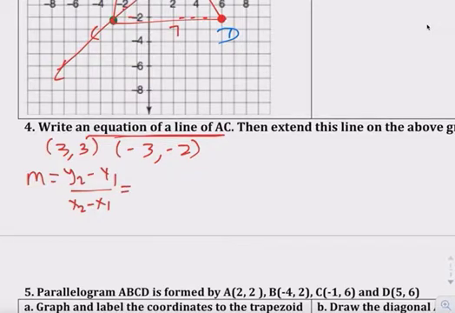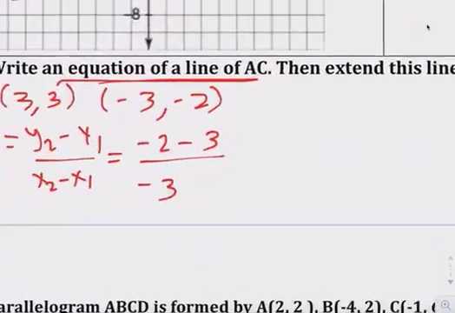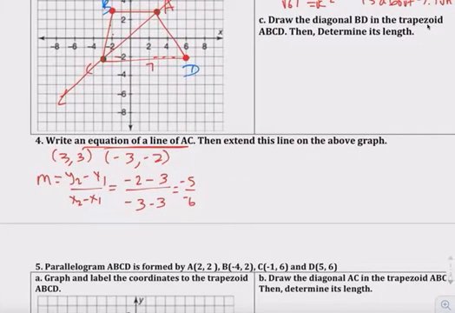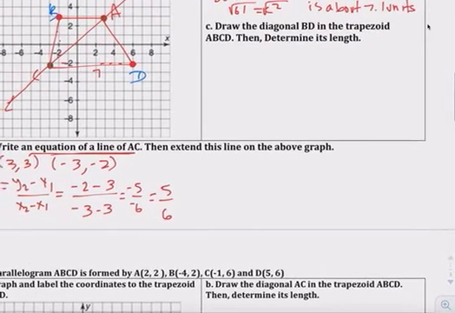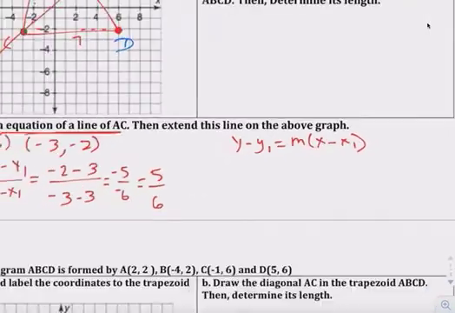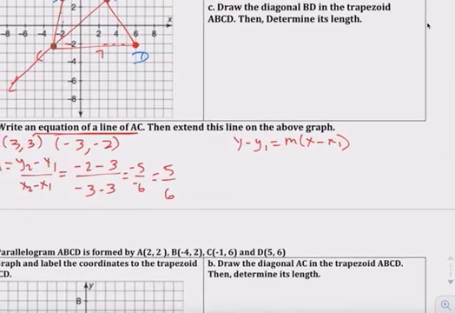And you get y2, which is -2, minus y1, which is 3, over -3 minus 3. You get -5 over -6, which is 5 over 6. So your rate of change is 5 over 6. So you use y minus y1 equals m parentheses x minus x1. I'll let you finish this. You guys should all know how to finish this.